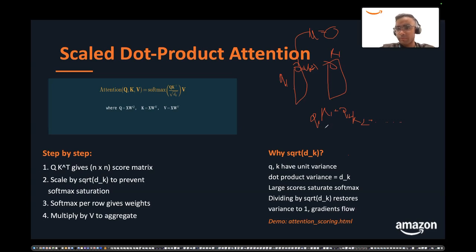The mean is going to be 0. But what about the variance? As the number of additions increases, my variance is going to increase. And the number of additions depends upon my dimension. So as my dimension increases, the variation in the QK transpose values, the unnormalized score values, increases a lot.